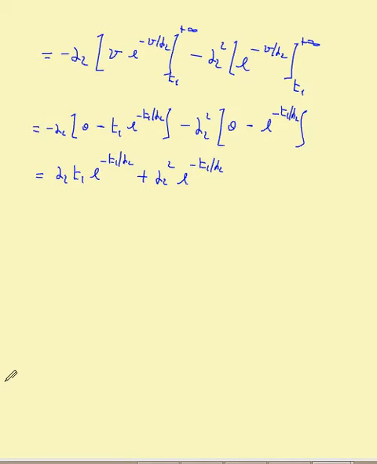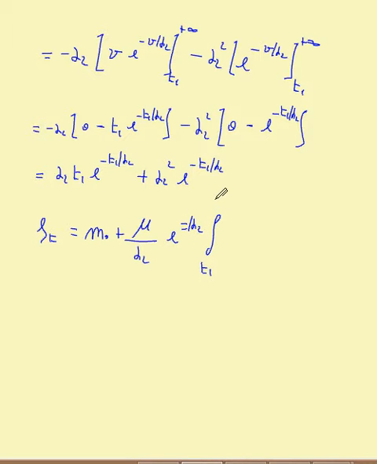So I write what we are looking for: the exchange rate equal to m0 plus me over alpha 2, e to the power of t over alpha 2, which multiplies the integral between t1 and plus infinite of v e to the power of minus v over alpha 2 in dv.